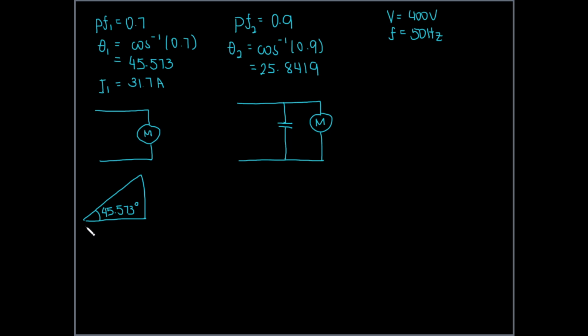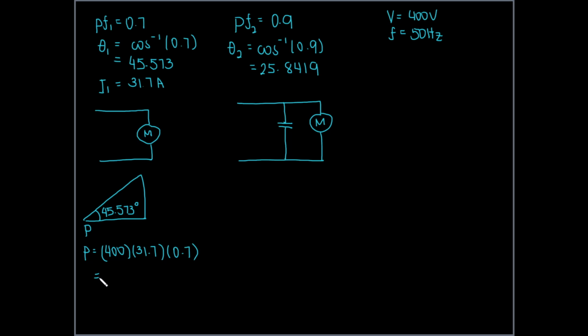So the real power here is equal to VI times power factor for single phase. So 400 times 31.7 times the power factor of 0.7.